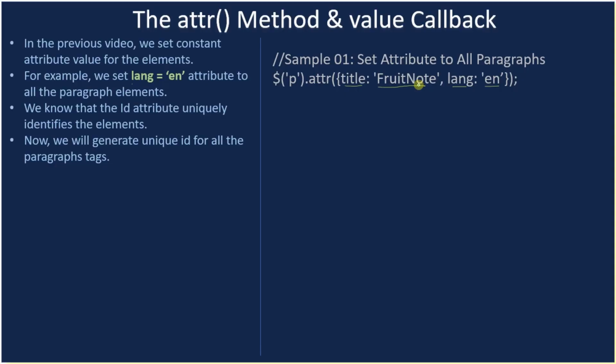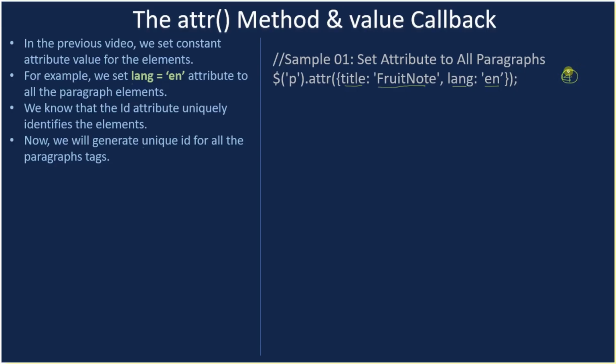Now we will generate a unique ID for all the paragraph tags, right? So previously we were adding title and language, right? Now we want to add an ID attribute, but instead of specifying the ID attribute with a static value, we need to set a dynamic value so that the ID can be unique. In our document, we will be having 4 paragraphs.